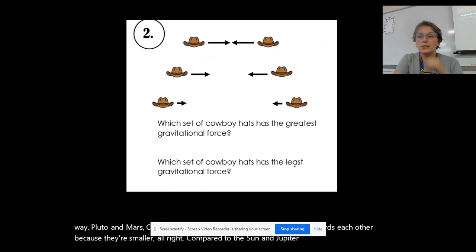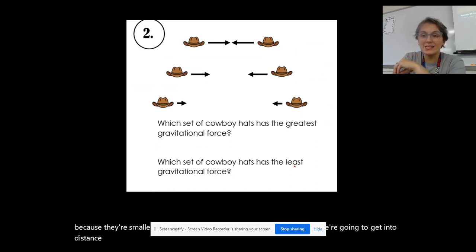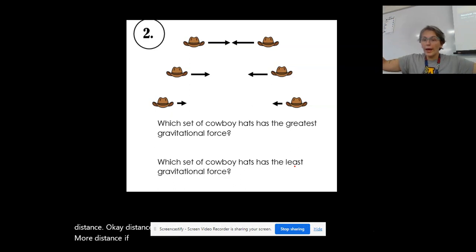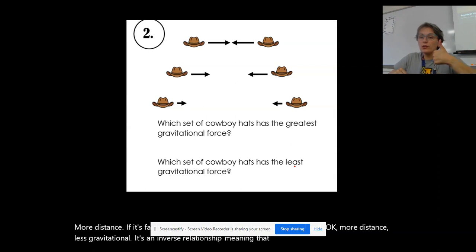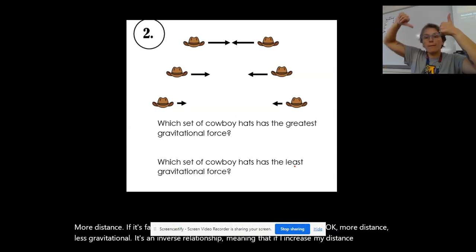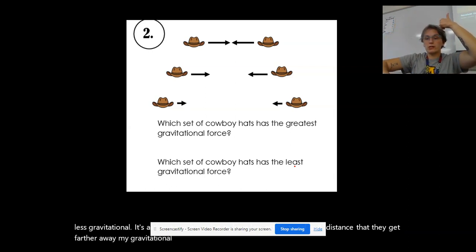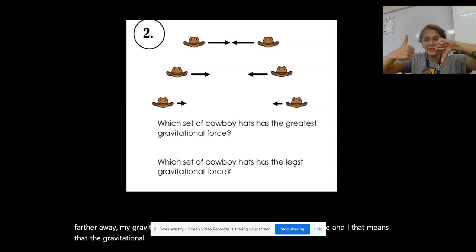Now, we're going to get into distance. If it has more distance, if it's farther away, it's going to have less gravitational pull. More distance, less gravitational force. It's an inverse relationship, meaning that if I increase my distance, if they get farther away, my gravitational force decreases. If I decrease the distance, that means the gravitational force is going to increase.